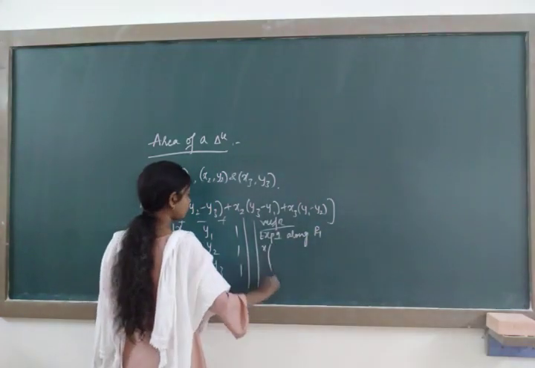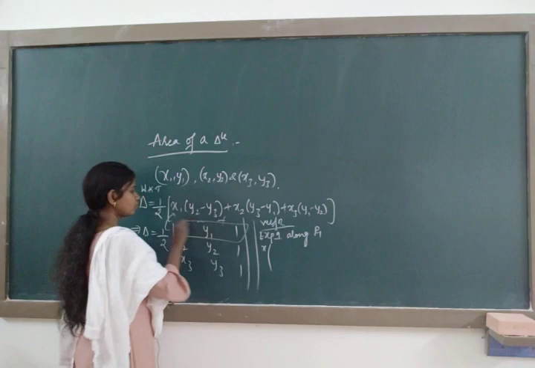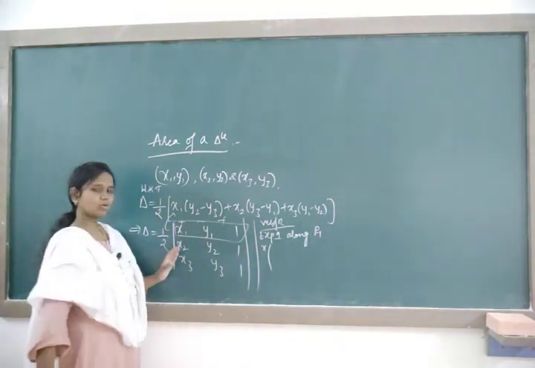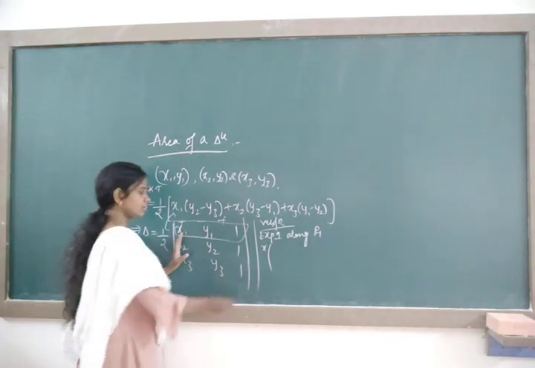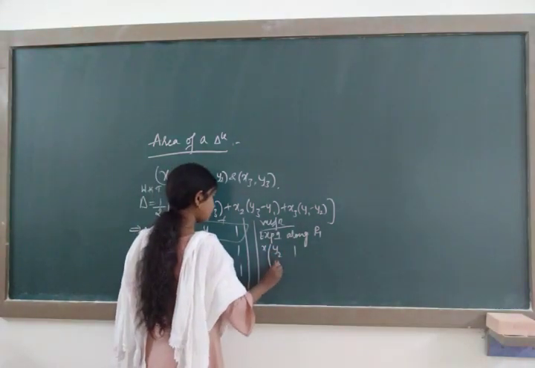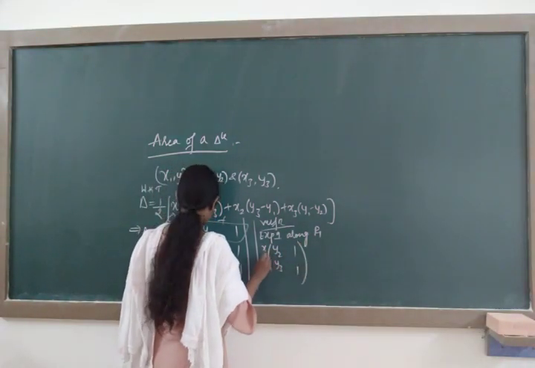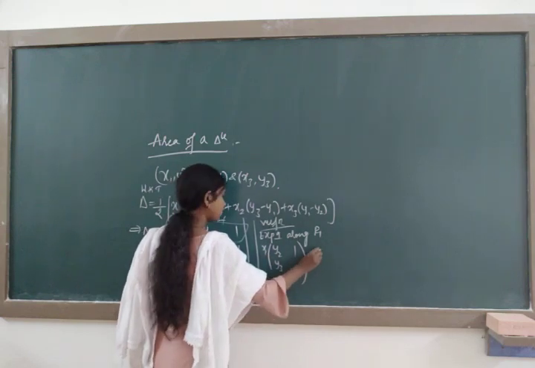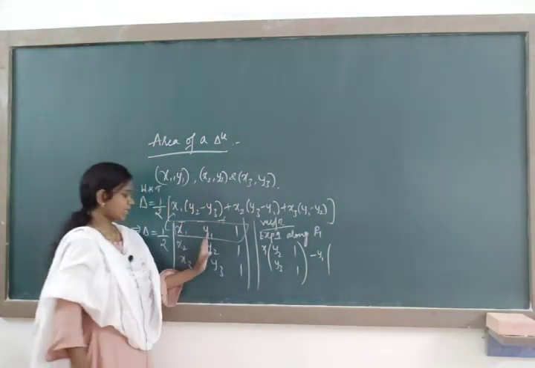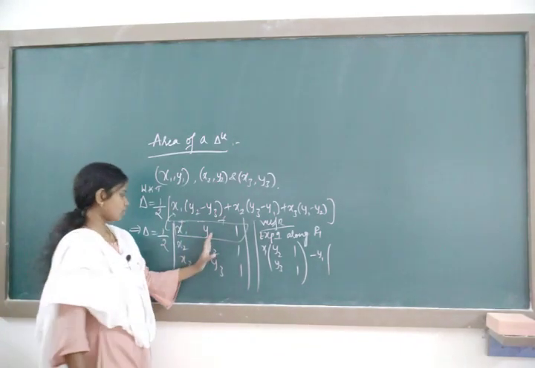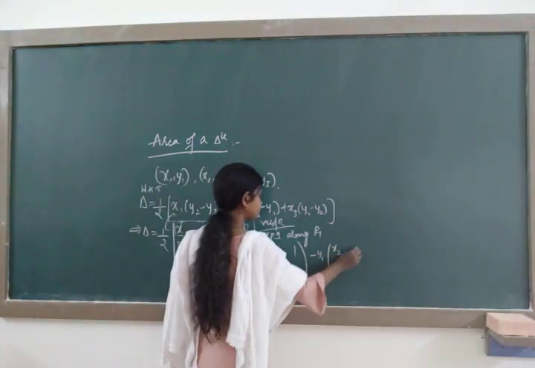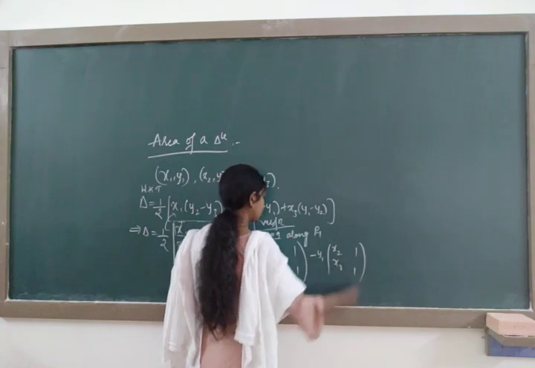So x1 of what remains? This row will be deleted, and one by one the columns will be neglected. The first column is neglected, so what remains is y2 1, y3 1. Minus y1 of, now the second column will be deleted because the first row is anyhow deleted. What remains is x2 1, x3 1.